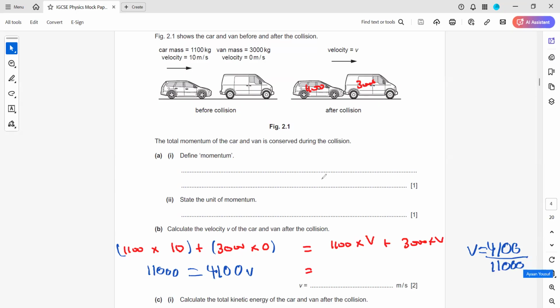4100 is multiplied, so on the other side it will be divided. Dividing by 4100 in the numerator is not correct, because 4100 is multiplied, so it should be in the denominator. So the velocity will be 11,000 divided by 4100.